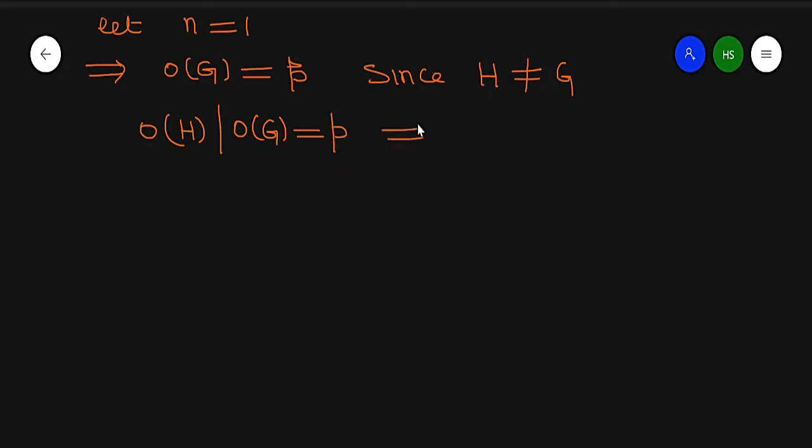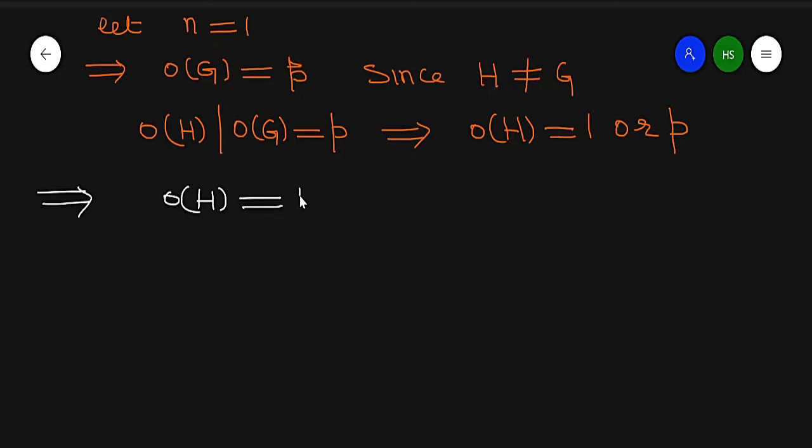Then the order of H has two possibilities, either 1 or p, because p is a prime number. Now since the order of H and the order of G are not equal, it implies the order of H is equal to 1.